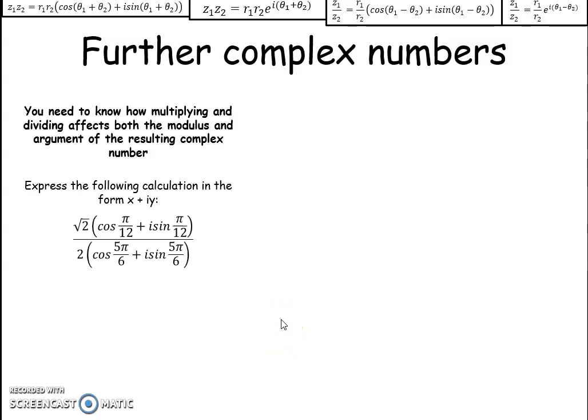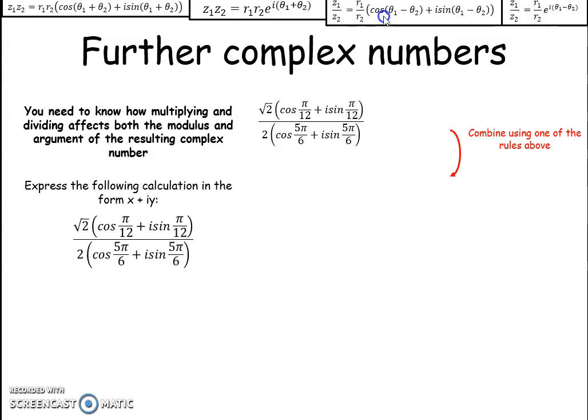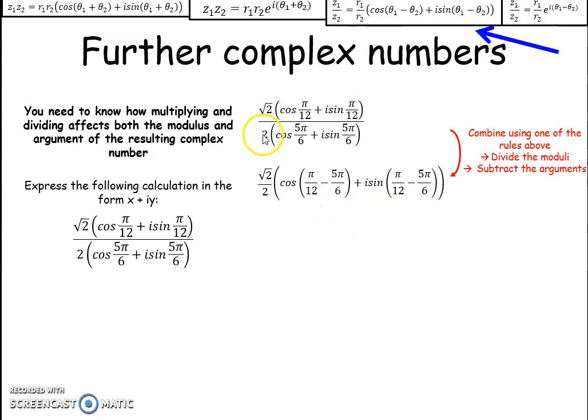When we divide these two complex numbers, how do we divide? Under root 2 cos pi by 12 plus i sin pi by 12, over 2 cos 5 pi by 6 plus i sin 5 pi by 6. So we use this formula: root 2 by 2 cos(pi by 6 minus 5 pi by 6) plus i sin(theta 1 minus theta 2).